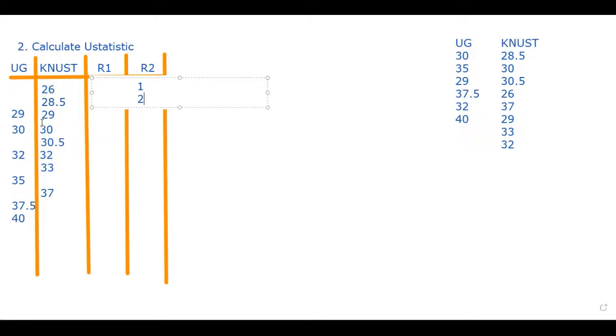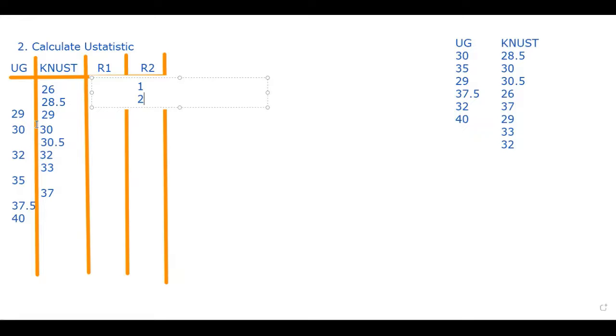Yes. When you look at this, it will be first, second, third, and fourth, right? But this one is a tie: 29 for Eugene, 29 for KNUST. So what are you going to do? You add their respective positions and divide by the number of times that particular number occurs.